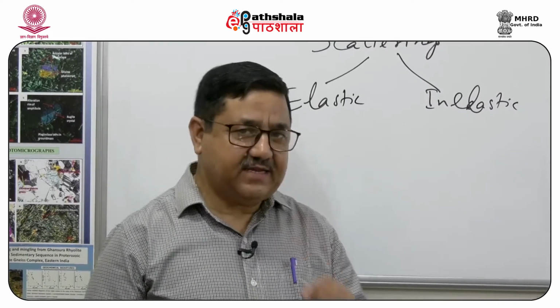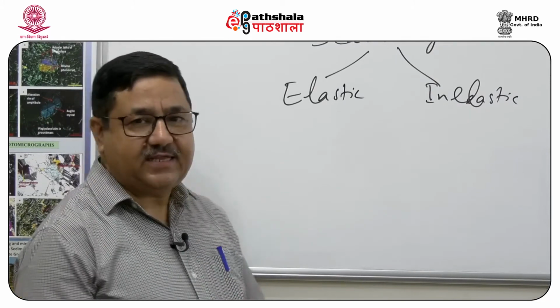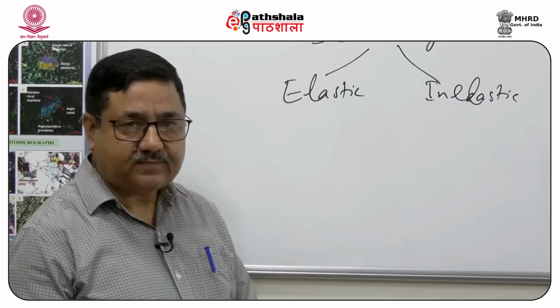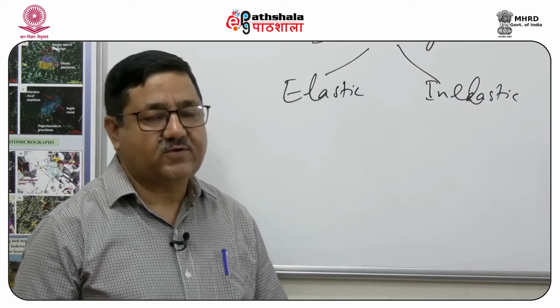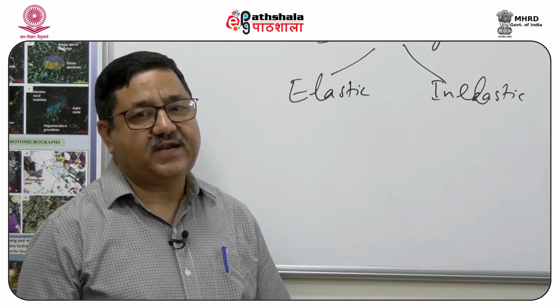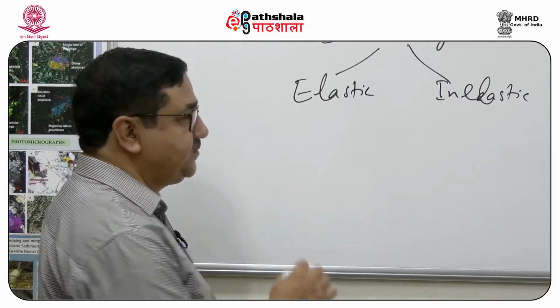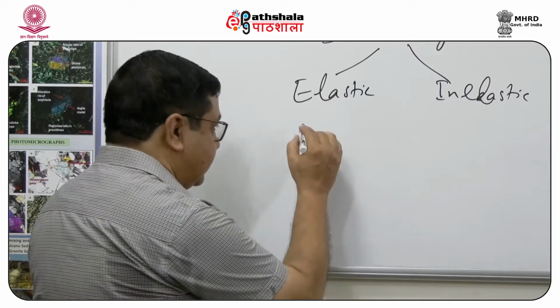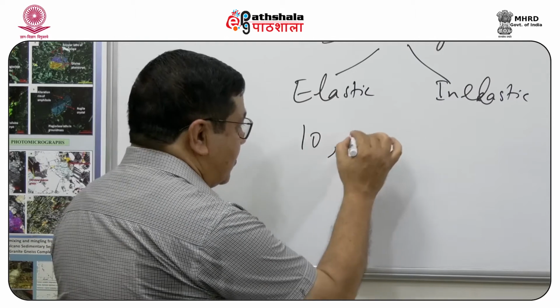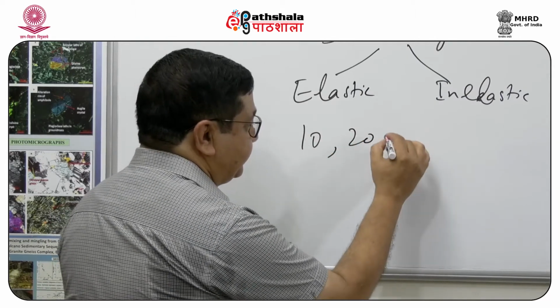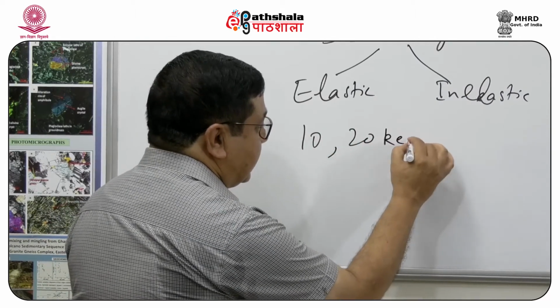To quantify this, we can look at this in real terms. In scanning electron microscopes, the kind of energy which we employ is of this order: 10 or 20 kilo electron volt.